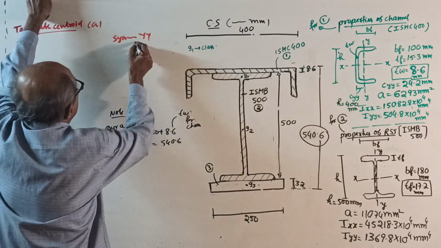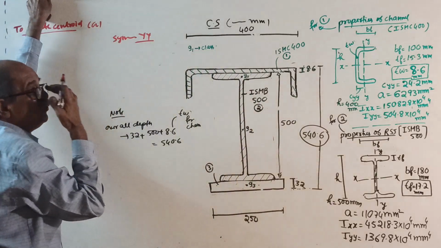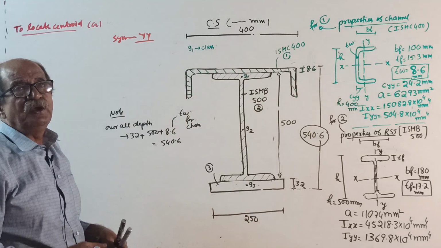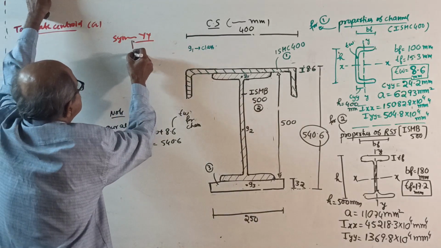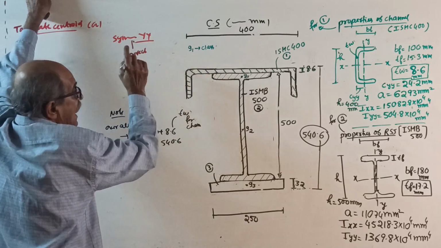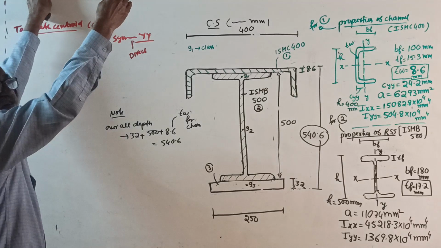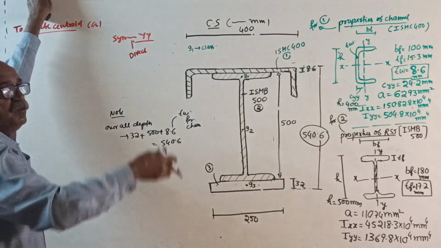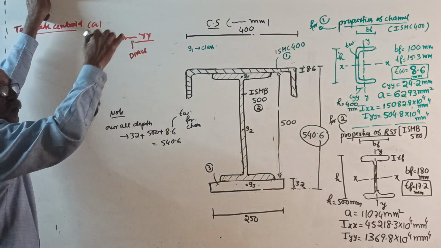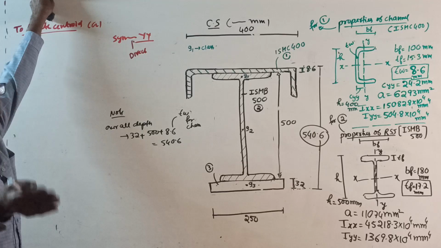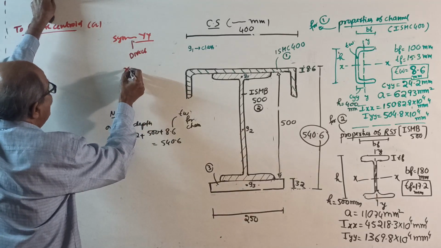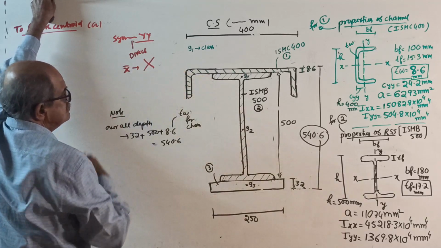Therefore, symmetrical, you write YY, you need not locate it using calculation. YY is direct. Direct means, when YY is not required to be located by calculation, which calculation? YY is located using X bar, thousands of times I am telling. Therefore, X bar is not required.